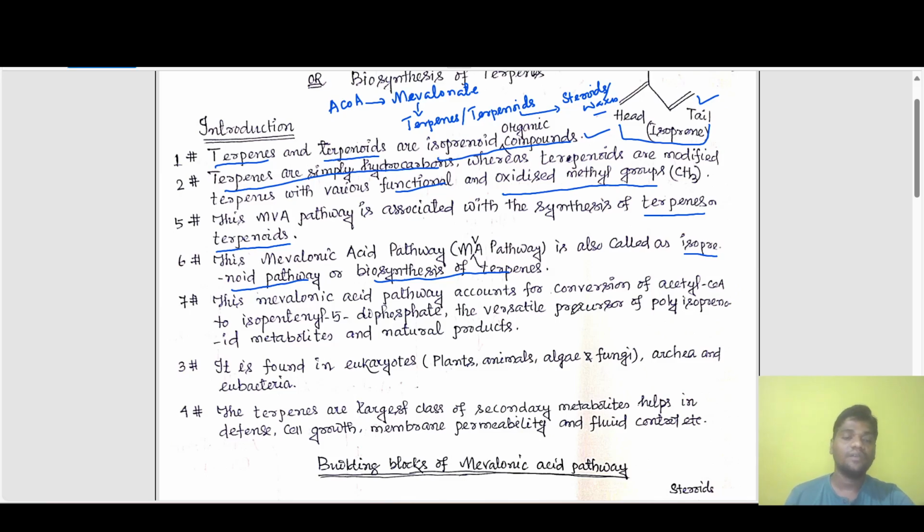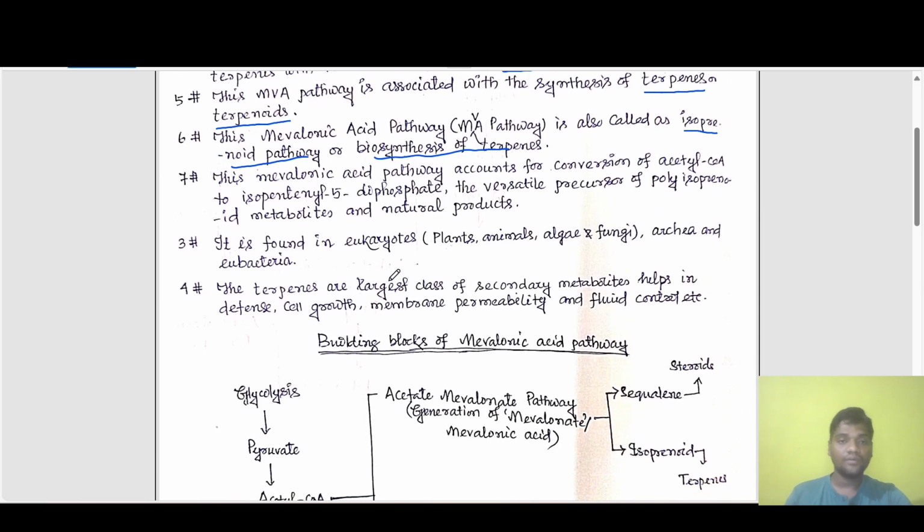That is acetyl coenzyme A, which is converted to isopentenyl diphosphate. We will see in the pathway that it is a versatile precursor molecule for polyisoprenoid type metabolites.